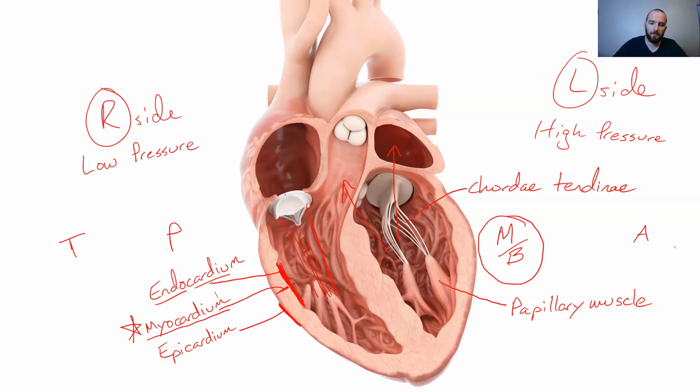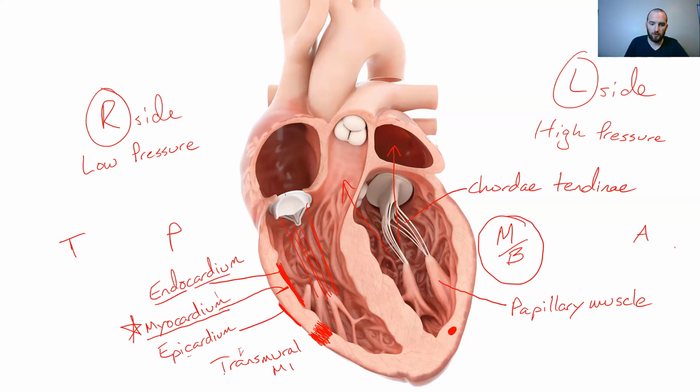Now you can have an MI that has spread all the way across the wall of the heart. So we said an MI initially might just be infarcting something in the myocardial muscle layer. But if that death of that tissue is spreading across the entire wall, hitting the endocardium and the epicardium and the myocardium, they would use a term, transmural MI.